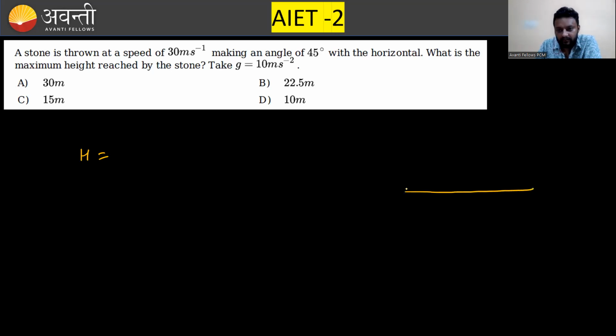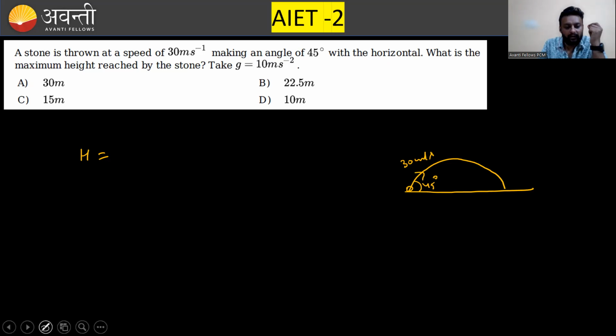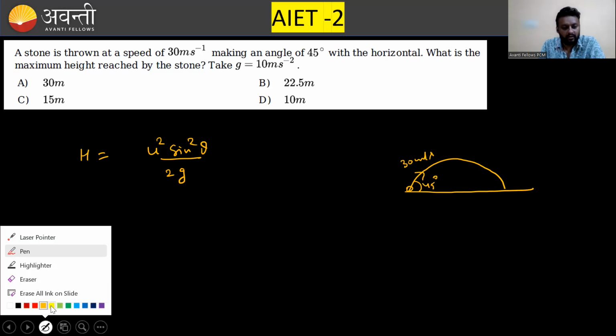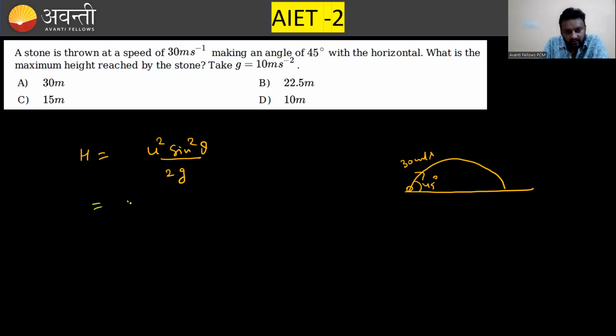This is a particle which is projected at an angle of 45 degree with some velocity, 30 meter per second. So you must remember the formula of maximum height, which is u square sine square theta divided by 2g. Now putting the values, u square means 30 square, sine square theta.